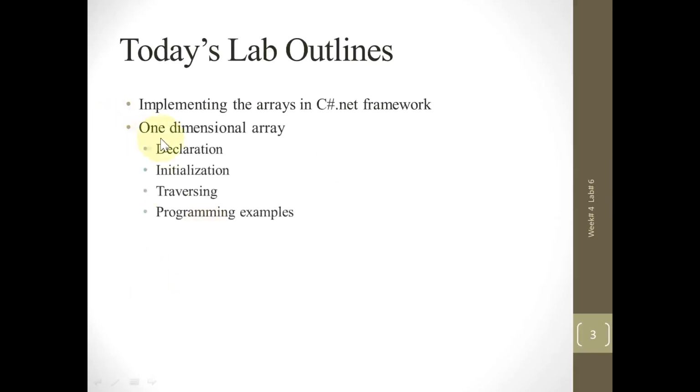First we will be implementing the one-dimensional array, in which first we will declare, then initialize the one-dimensional array, and inshallah we will traverse it and also solve a few examples on one-dimensional arrays. So what will be the example?